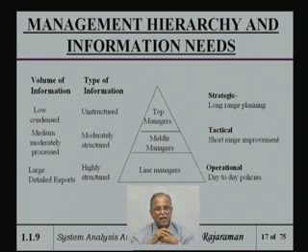At the tactical level, information is a little smaller in amount. So the pyramid goes like this, as you can see, and in the middle of the pyramid, the amount of information is reduced, and the structuring also is reduced.